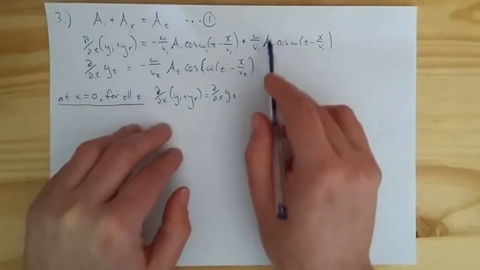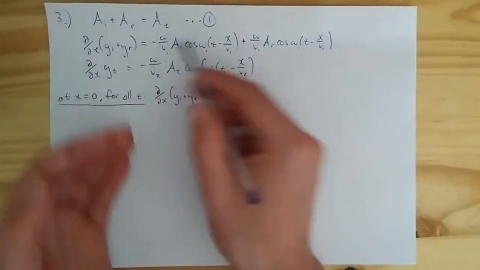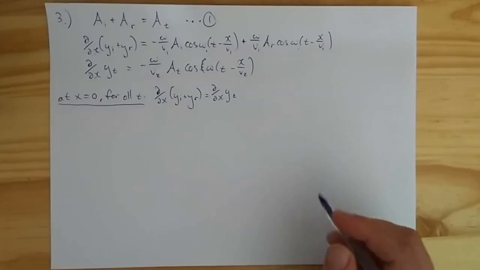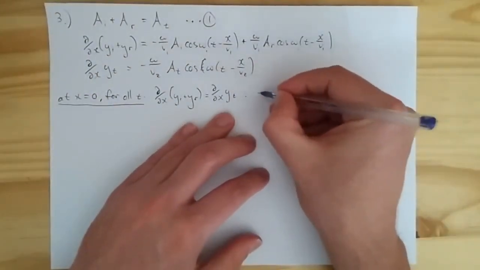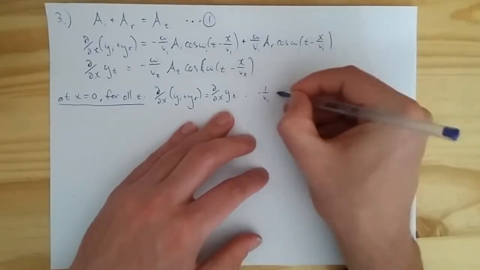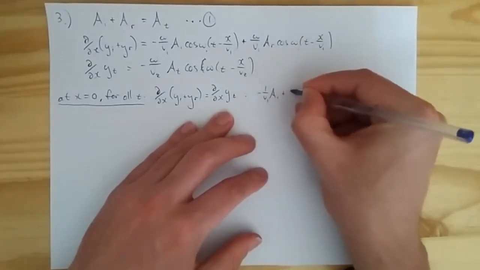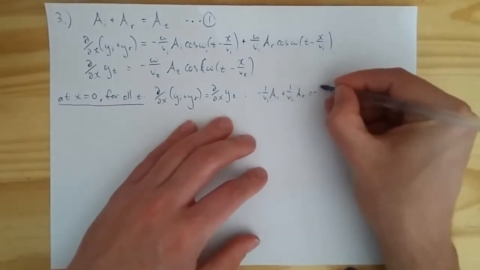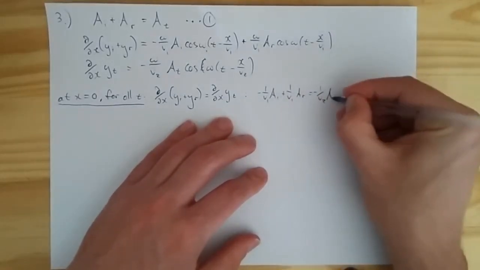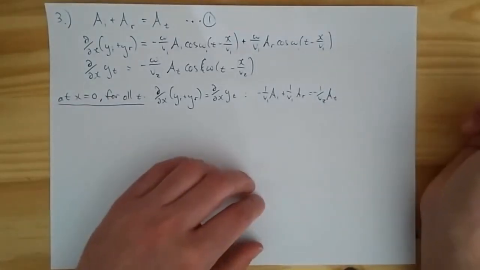So that term plus that term must be equal to that term, where omega is the same across all of them, so I can just divide that out. That means that what must therefore be true is minus 1 over v1 a incident plus 1 over v1 a reflected must be equal to minus 1 over v2 a transmitted.